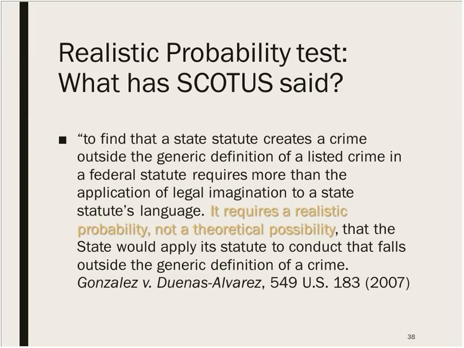What the Supreme Court has said is that this minimum conduct can't just be a law school hypo, like, maybe somebody could have done this crazy thing, and that would technically fall under the definition, even though it seems crazy. You have to show that there's a realistic probability, not a theoretical possibility, that the state would actually apply a statute to conduct that falls outside of the generic definition of the crime.